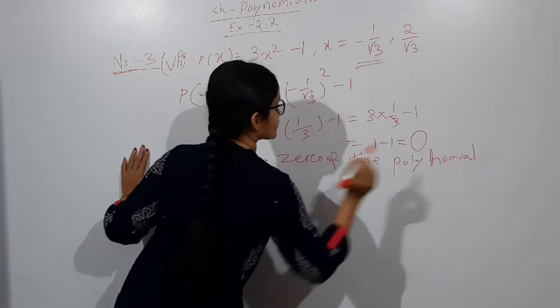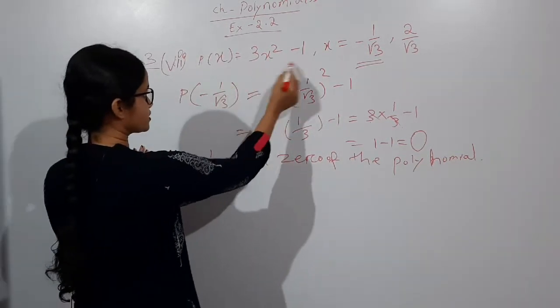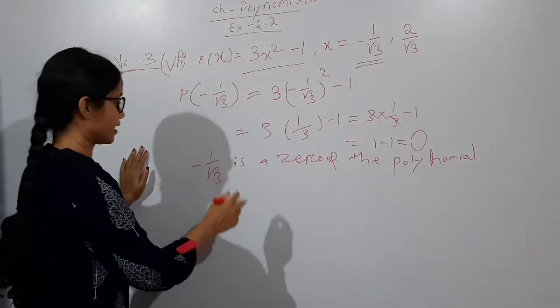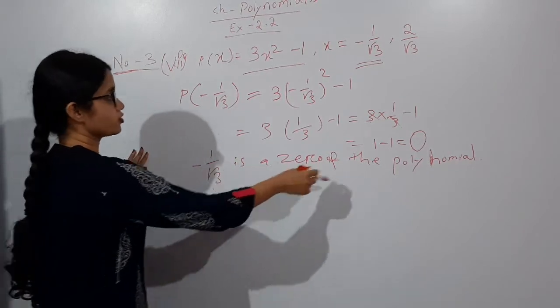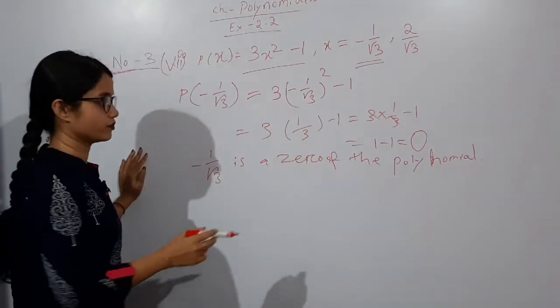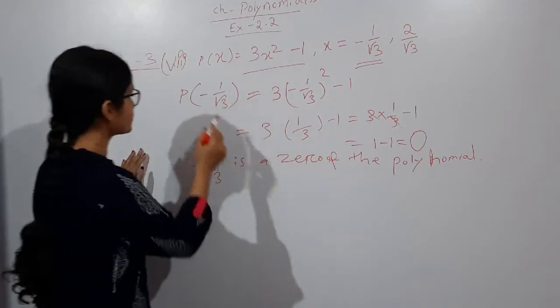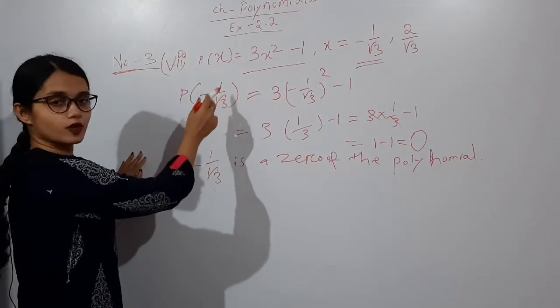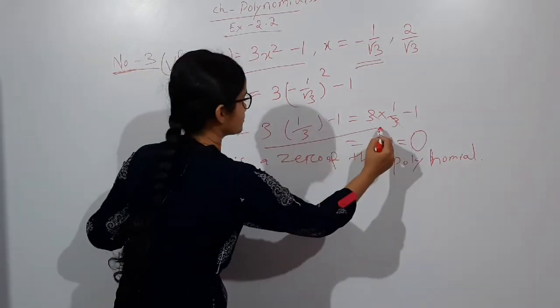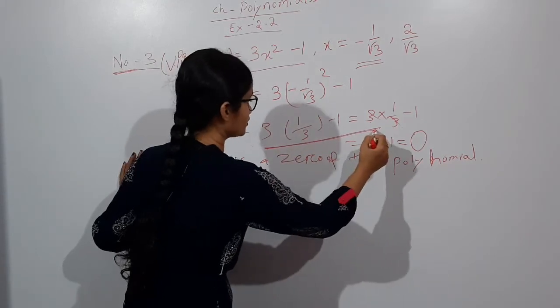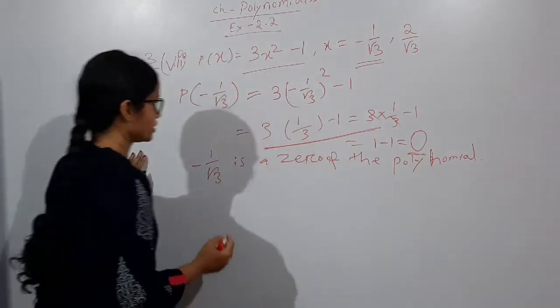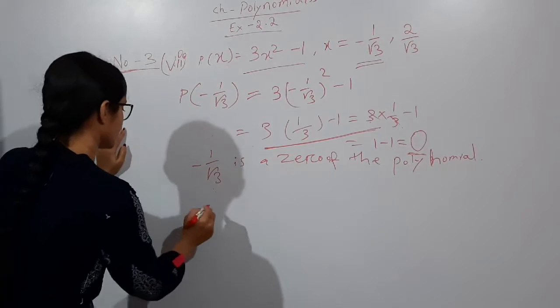Polynomial means 3x square minus 1 is a polynomial, and minus 1 by root 3 is a zero of this polynomial. Okay. Because when we put the value of x as minus 1 by root 3, the value of the whole polynomial will be 0. Okay. Then we have to check the next one also.